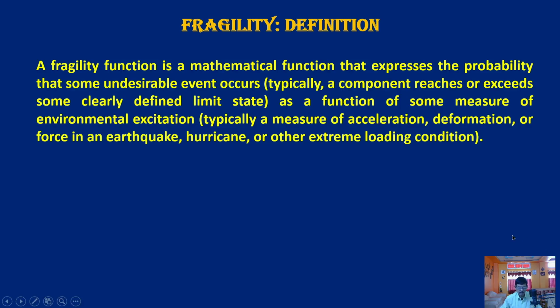So let us have a definition of this. A fragility function is a mathematical function that expresses the probability that some undesirable event occurs. Typically, a component reaches or exceeds some clearly defined limit state, as a function of some measure of environmental excitation, typically a measure of acceleration, deformation, or force in an earthquake, hurricane, or other extreme loading condition.